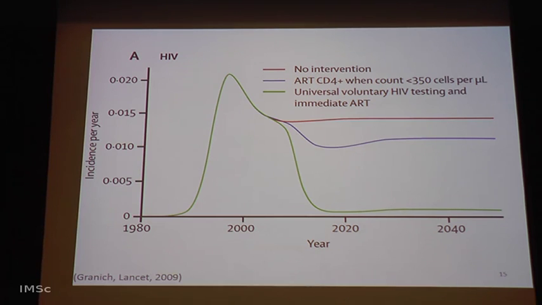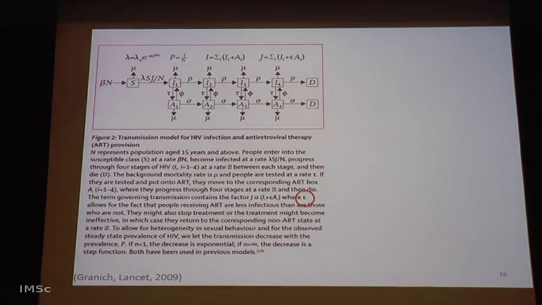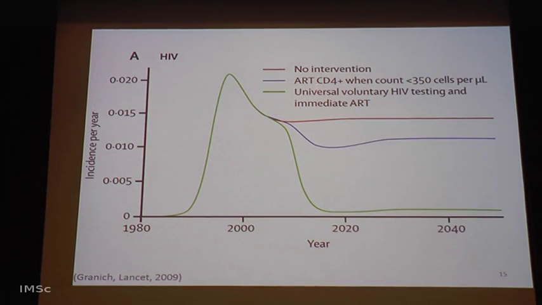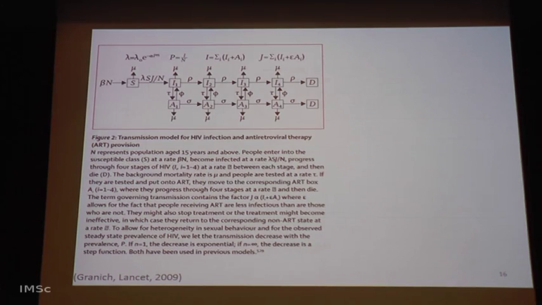But what you can see is that they found that it would have a dramatic impact on the HIV incidence, and a dramatic impact relatively rapidly, which is the important thing. So from this model, they concluded that universal HIV testing and immediate starting of antiretroviral therapy would have a big impact on HIV incidence, and therefore they recommended that this should be taken up by South Africa and by other countries around the world.